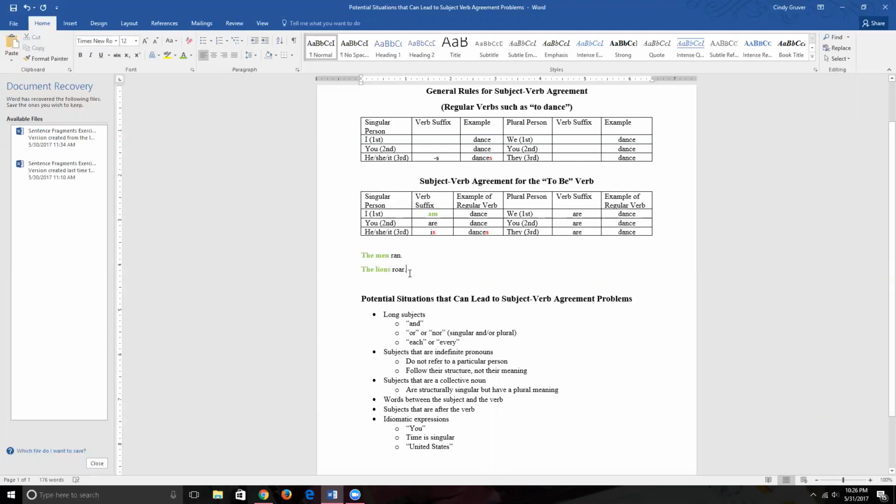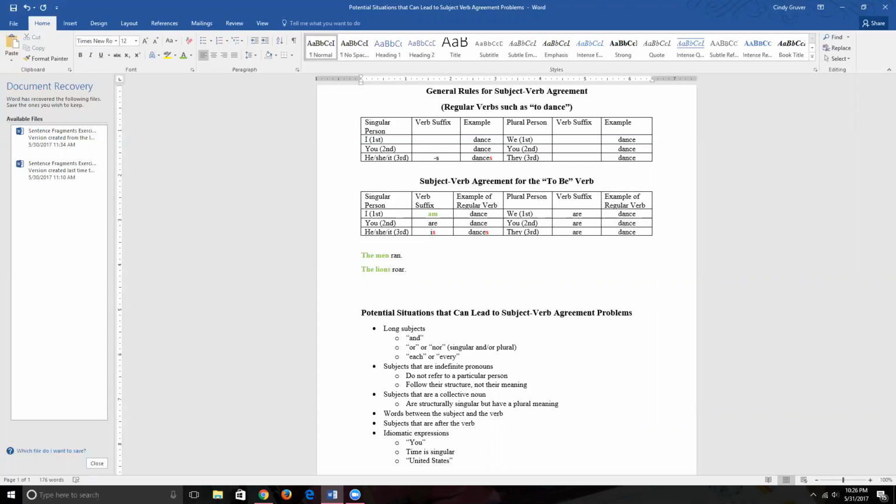But let's think about a subject that is longer. The men and the lions ran. Probably the men were running away from the lions. But now we have a long subject. Both groups are running. And you can see how once you start adding more and more words to the subject, it becomes a little bit harder to figure out.